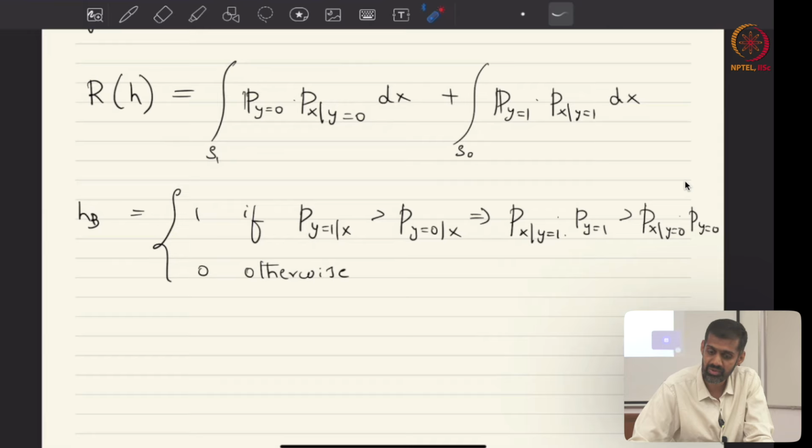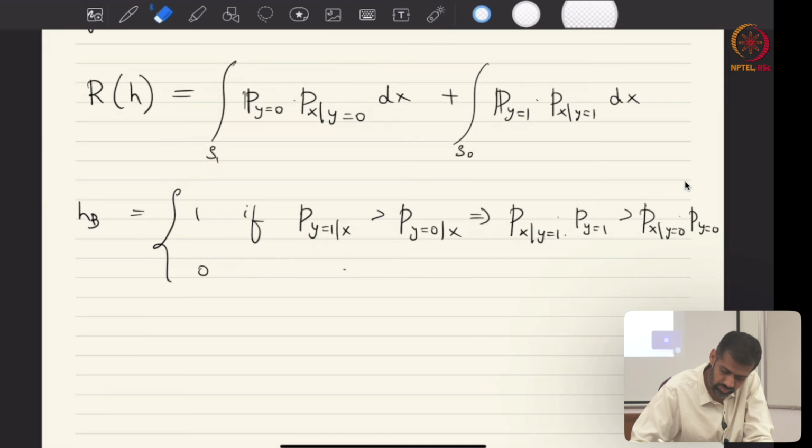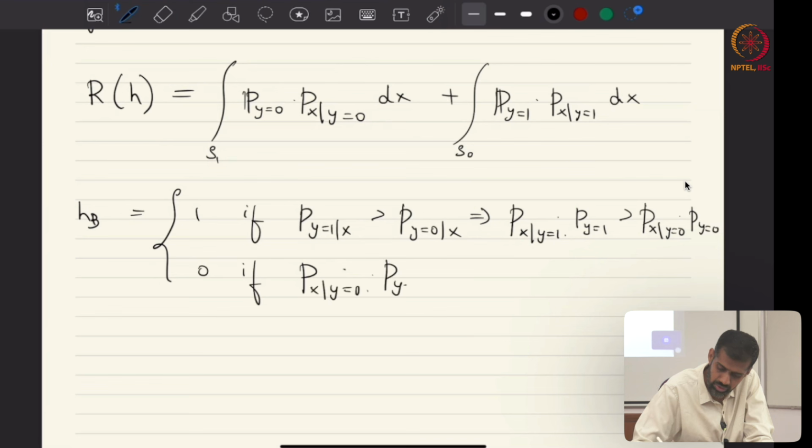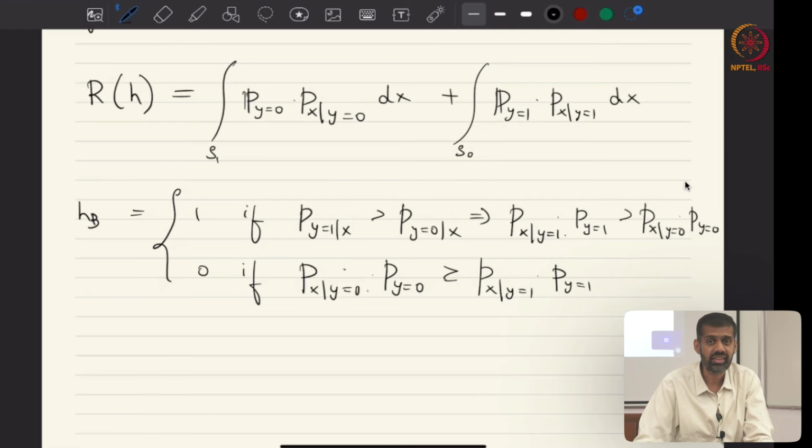When does the Bayes classifier choose S0? It chooses S0 if P of x given y equal to 0 times P of y equal to 0 is greater than P of x given y equal to 1 times P of y equal to 1, isn't it?